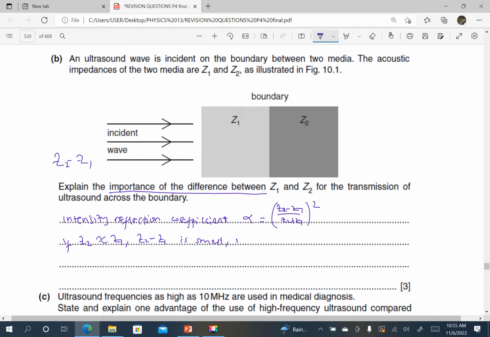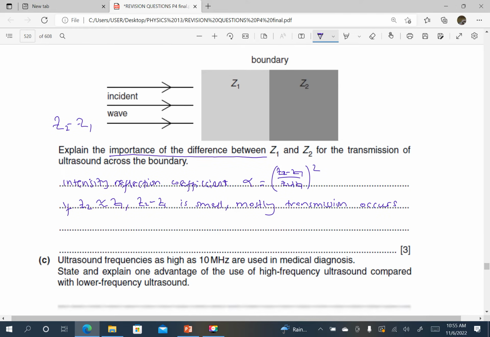So this means mostly transmission occurs. In other words, more ultrasound is transmitted into the body, as we have seen with the previous example. And if Z2 is much greater than Z1, it means the difference Z2 minus Z1 is very large.